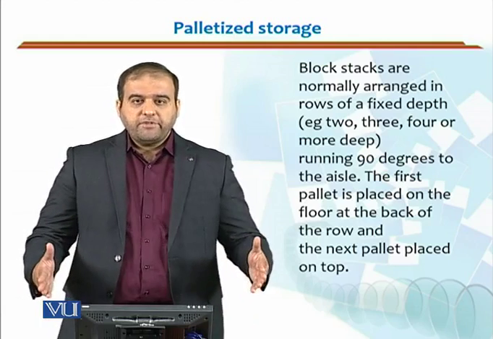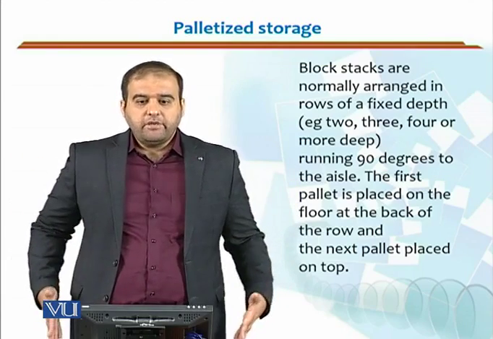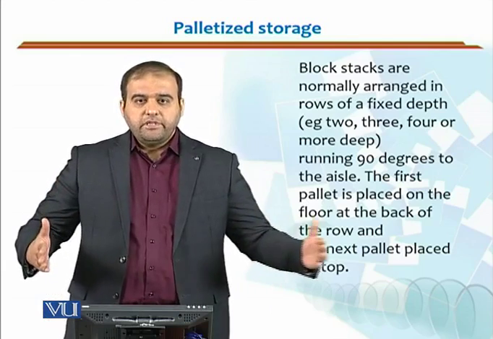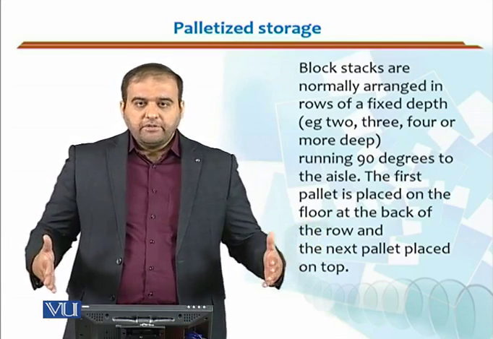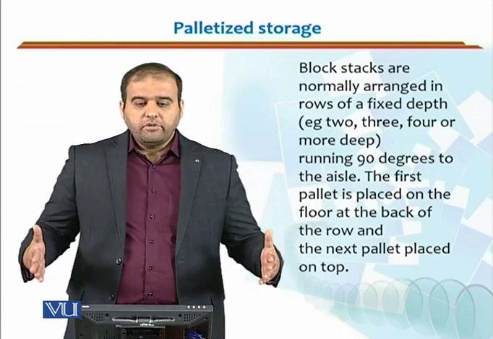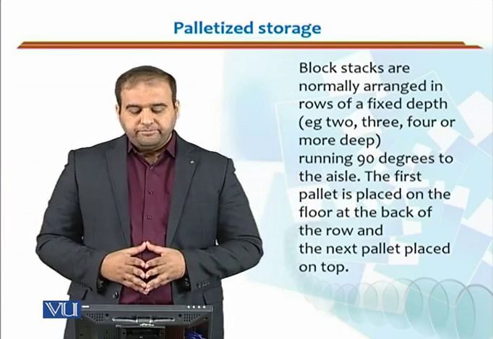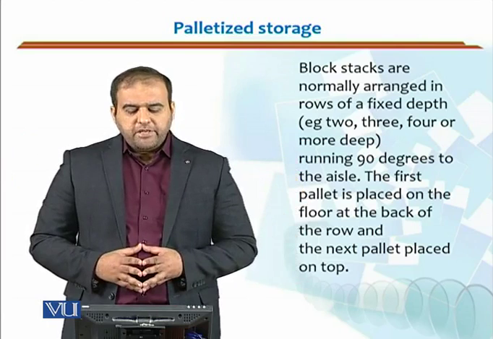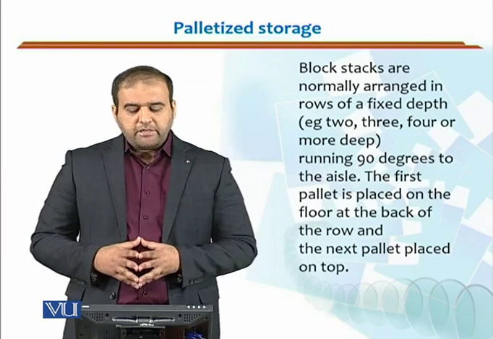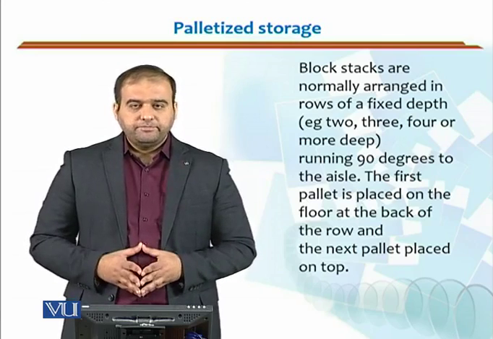So there is the passage, the aisle, and the stacks would be running 90 degrees to it. Means if you are moving in the aisle, the block stacks would be on either side of your aisle, of your passage, and stacked up. The first pallet is placed on the floor at the back of the row, and the next pallet is placed on the top.